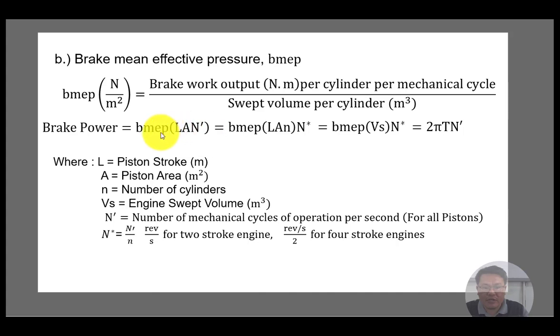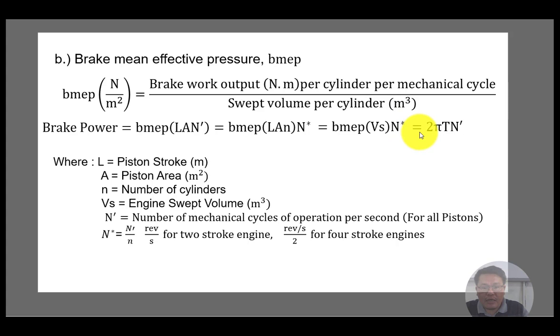So your BMEP again is equal to BMEP times L times A times n, the number of cylinders, multiplied by N with the asterisk. Then BMEP is equal to the engine swept volume, in cubic meters, times N asterisk.